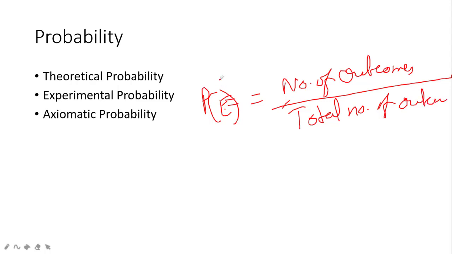This is the formula for probability for anything, and you can use it with any type of probability.